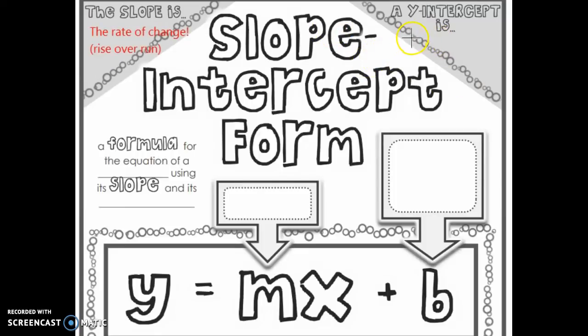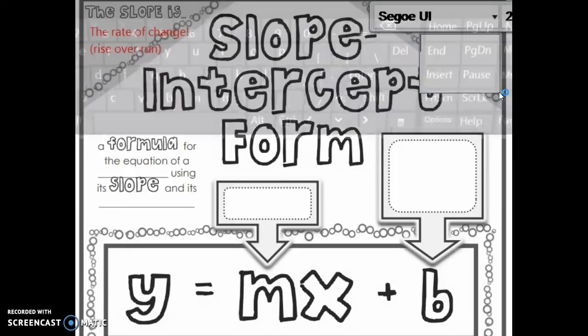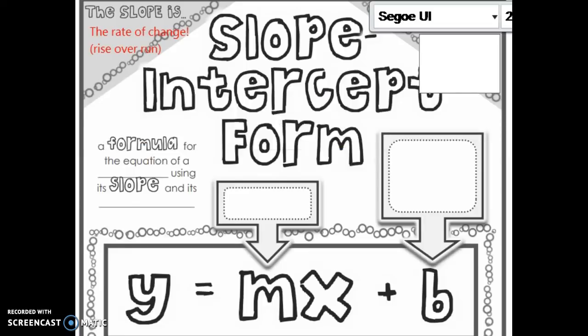Okay. The y-intercept is the point where the line crosses the y-axis.